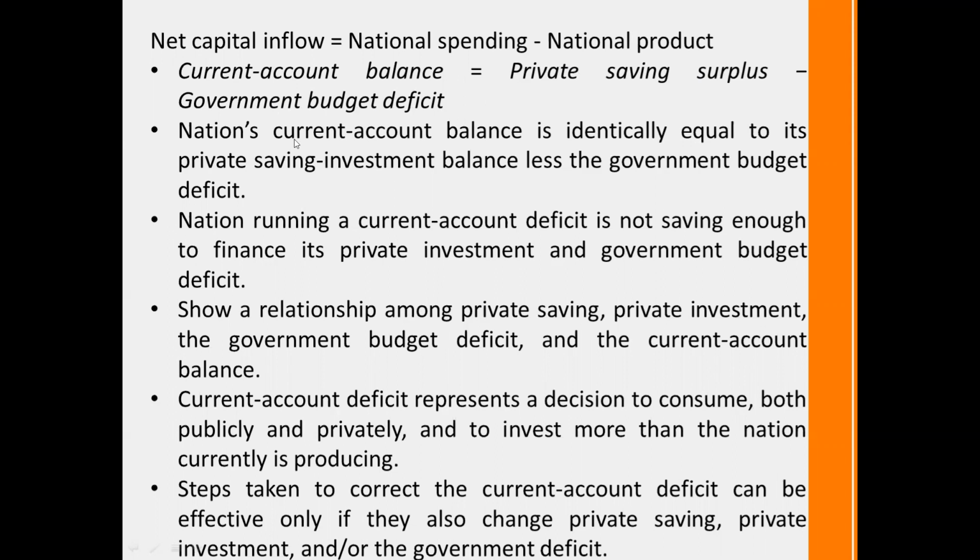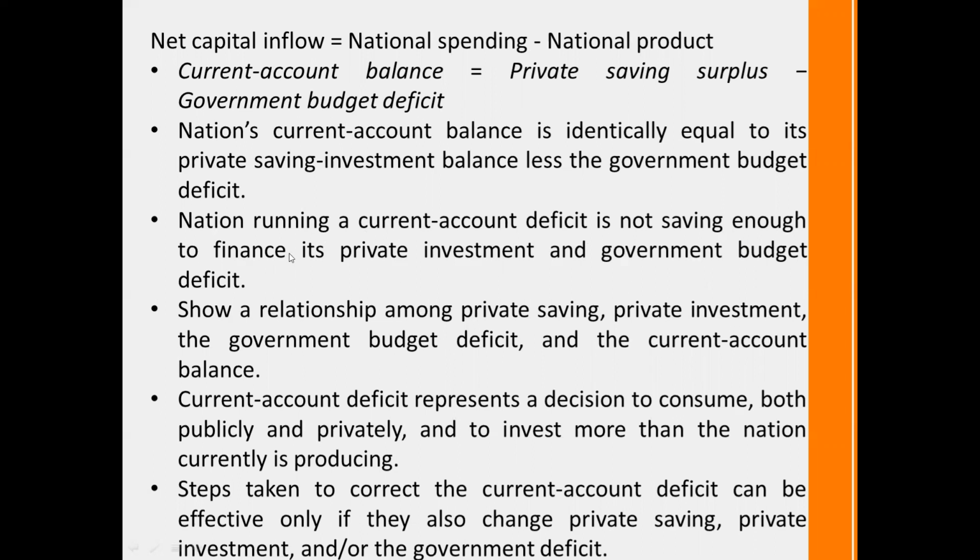So what we can learn from here is that the nation's current account balance is identically equal to its private saving-investment balance less the government budget deficit. So what does it mean? A nation running a current account deficit is not saving enough to finance its private investment as well as the government budget deficit.